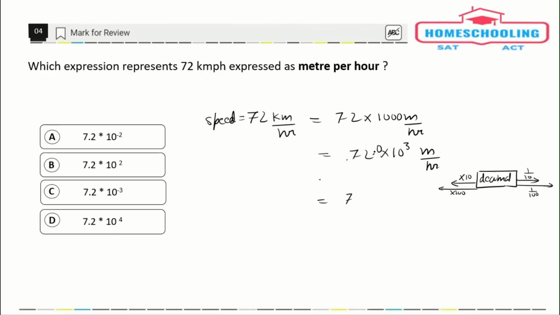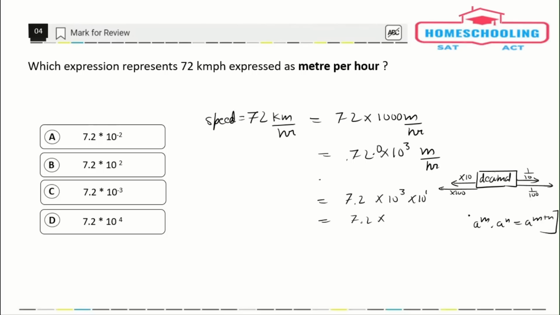So if this is 72.0, and we have to move the decimal on the left side to get 7.2, what we're going to do here is multiply it by 10. As we know, 7.2 can be written as 7.2 into 10. This is an exponent formula, a to the power m into a to the power n is equal to a to the power m plus n.